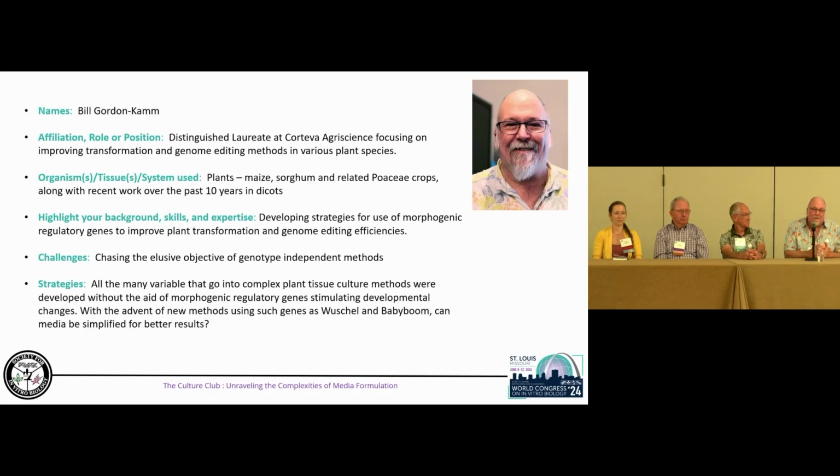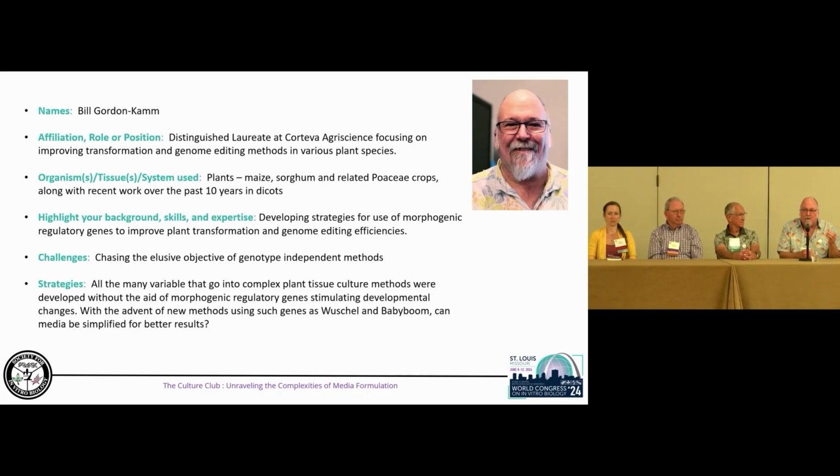And then I got tired of all that complexity, and I thought, okay, I want to use genetics to stimulate growth. So I kind of switched gears, and I started looking for genes that would stimulate cell division or stimulate morphogenesis, and try to use those to do our selection for transgenics. And we've been really successful, but we're still using that same really overly complicated media.